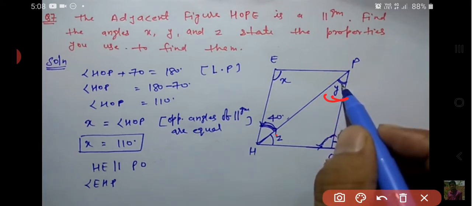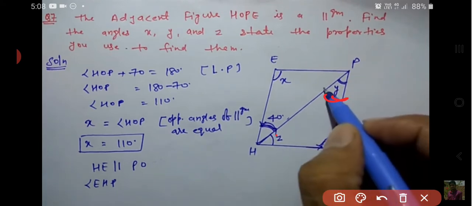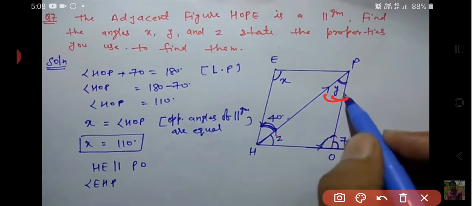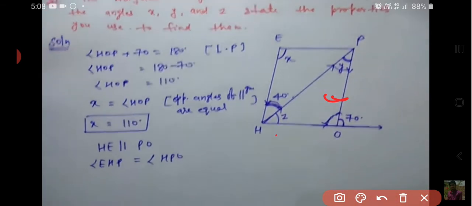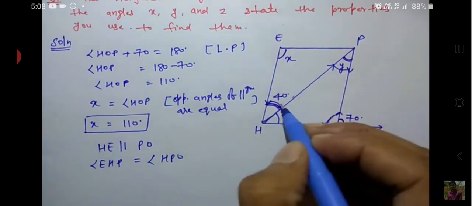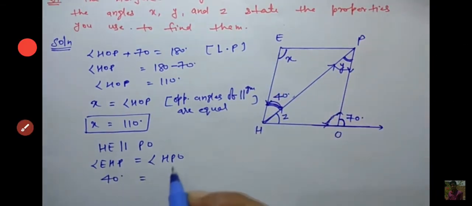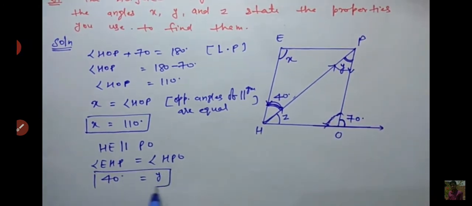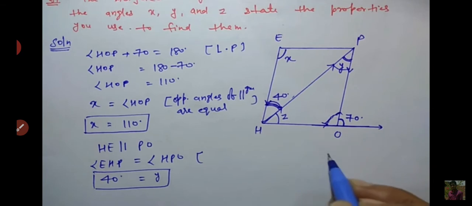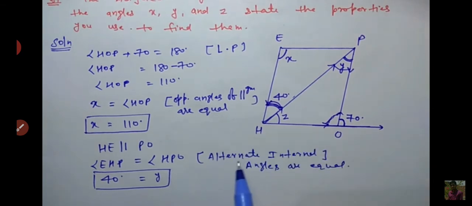Write it down: angle EHP is equal to angle HPO. So 40 degrees is equal to HPO, which means Y is equal to 40 degrees. So we find X is equal to 110 and Y is equal to 40, because alternate interior angles are equal.